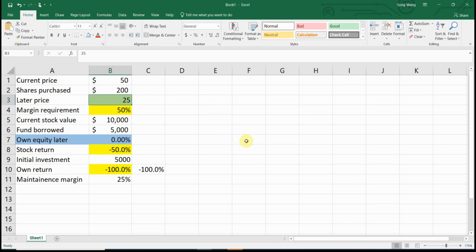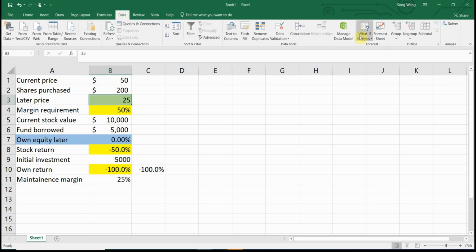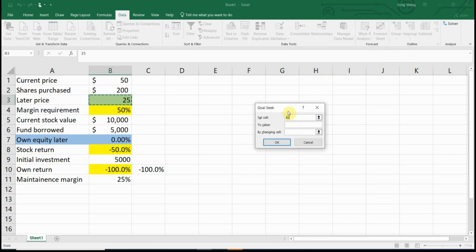So what will be that margin call stock price? That's what we're solving. You will need to use the Data function, do What-If Analysis, and check Goal Seek. You want to set this later price, so what would that be in order to make your own equity percentage 25%?